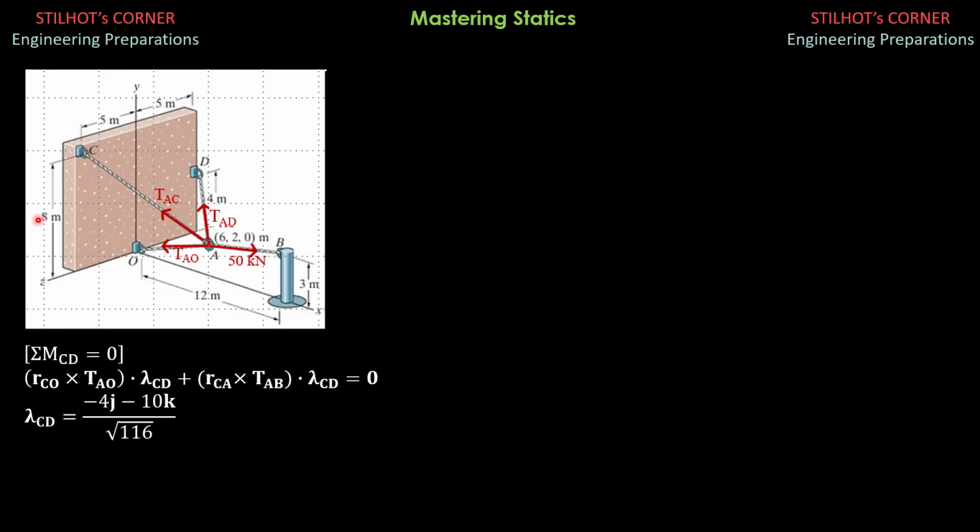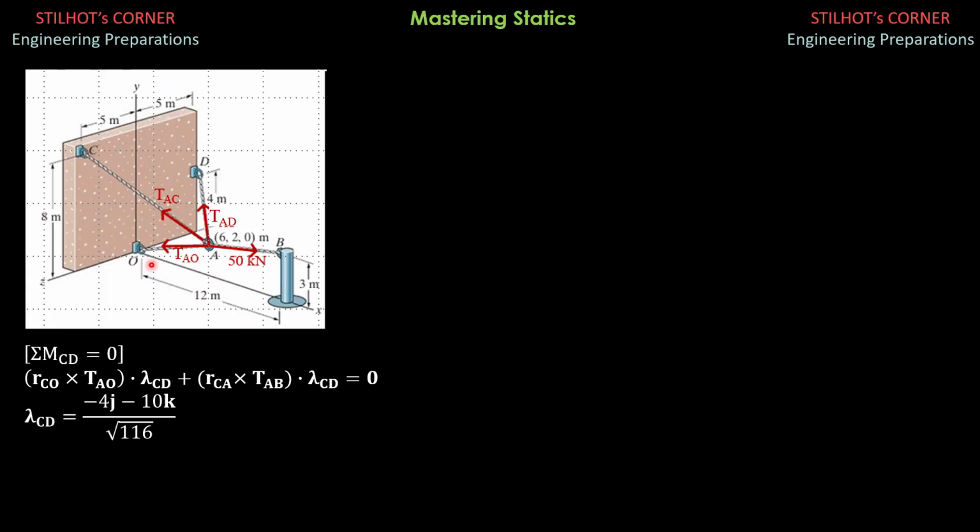Then going backward, because this is the z-axis, so negative 5 minus 5, negative 10k, over square root of 4 squared plus 10 squared, so that's square root of 116.